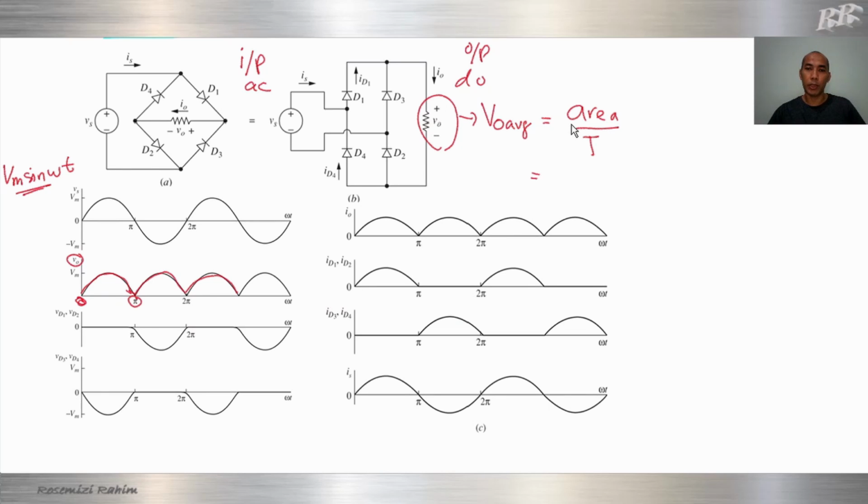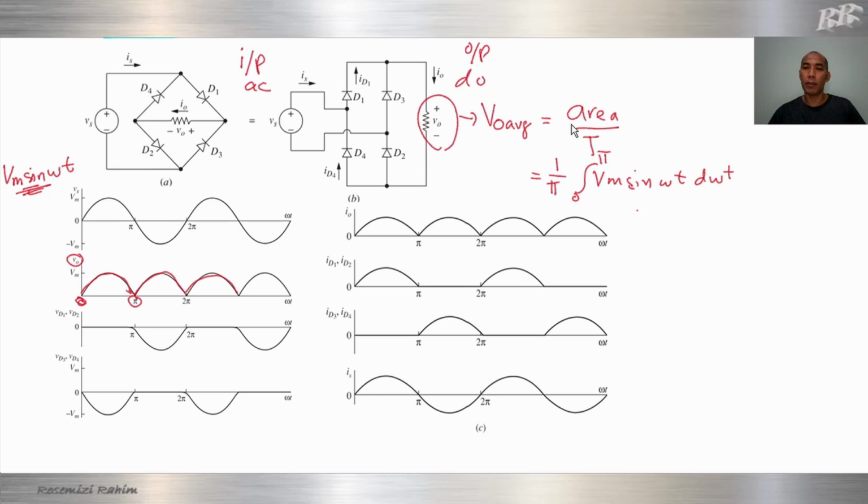From 0 to pi, T is equal to pi, 1 over pi, from 0 to pi, Vm sine omega t d omega t.